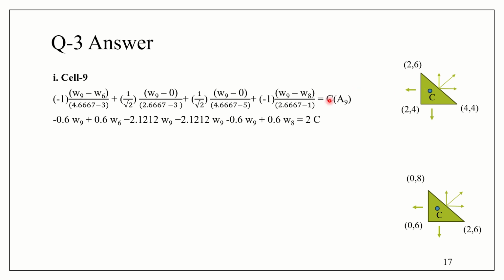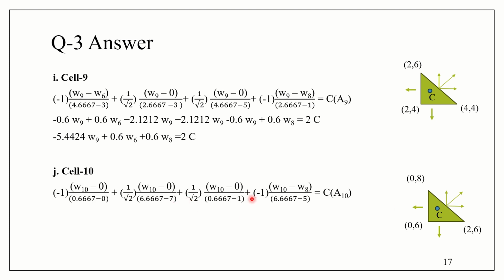And see A9. We are calculating for each side the values, discretizing using the finite volume approach, and equating to the area of the cell times some constant. So we are getting one more equation. The 10th cell is the topmost cell, and its midpoint would be 1 comma 7.